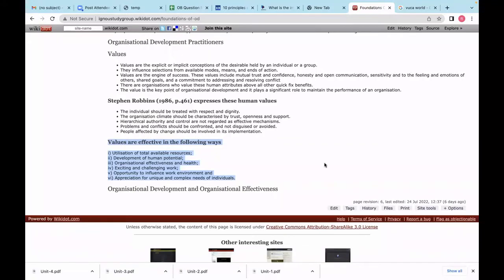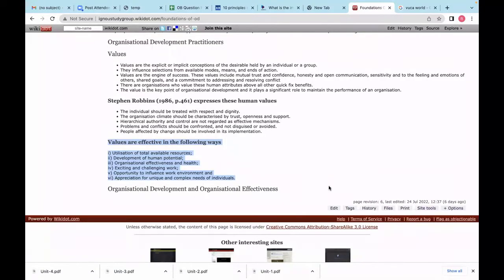And people would appreciate whatever you are doing as far as OD is concerned. And the OD itself will appreciate even the individual's aspects. People will respect what the organization is doing and vice versa, right? So this is the importance of values.